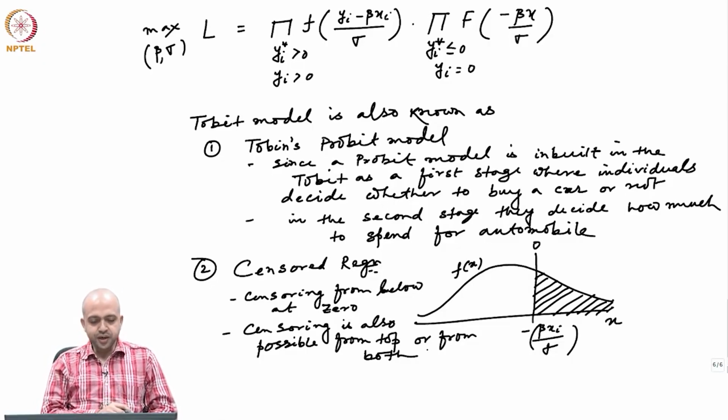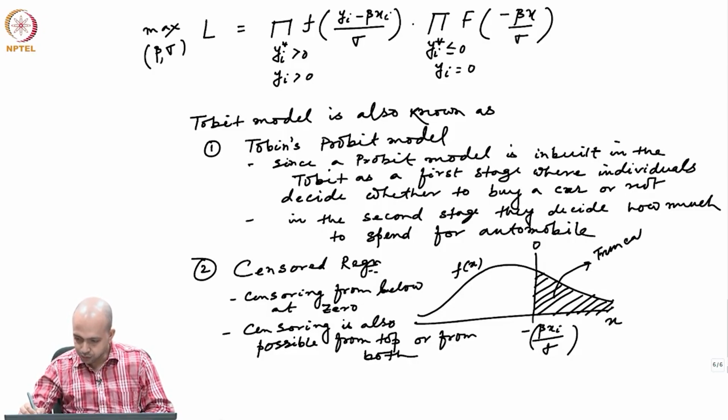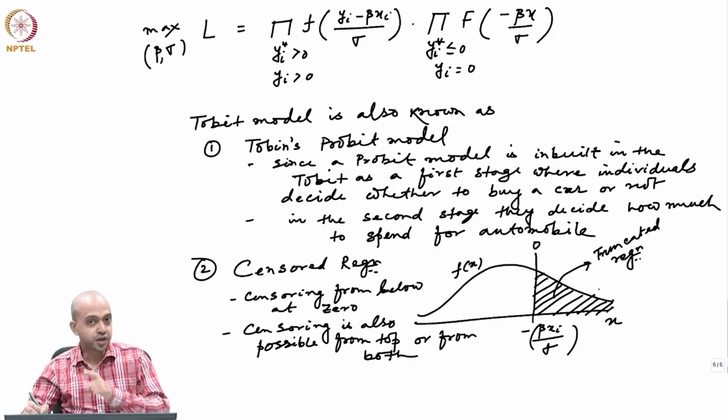Now, a closely related concept is called truncated regression. What we were discussing earlier, that if you remove the set of people with 0 or less than 0 expenditure and try to construct the model using only those individuals who have positive expenditure, then instead of OLS you have to apply truncated regression, since ui follows a truncated normal distribution.